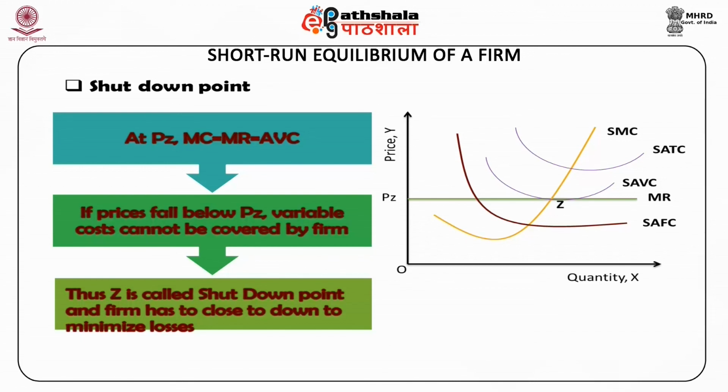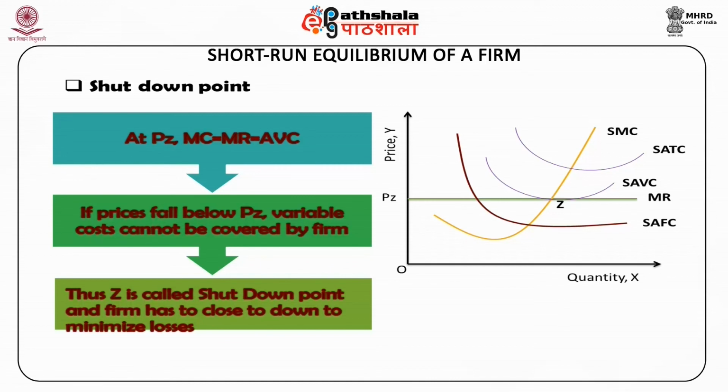The short-run average total cost curve is the U-shaped cost curve and it can be divided into SAFC, that is, the short-run average fixed cost curve, and the SAVC, the short-run average variable cost curve. The point Z in the figure shows the level at which revenue covers the variable cost. At this point, the marginal cost is equal to the marginal revenue, which is equal to the average variable cost.